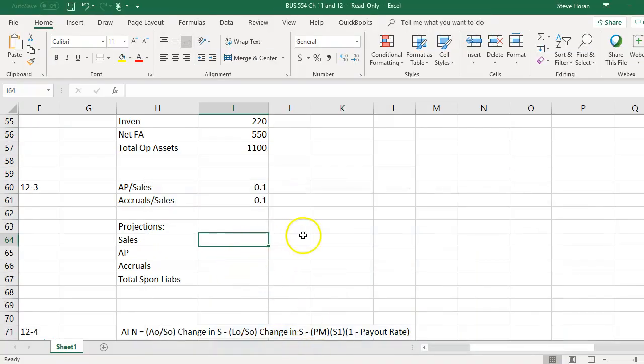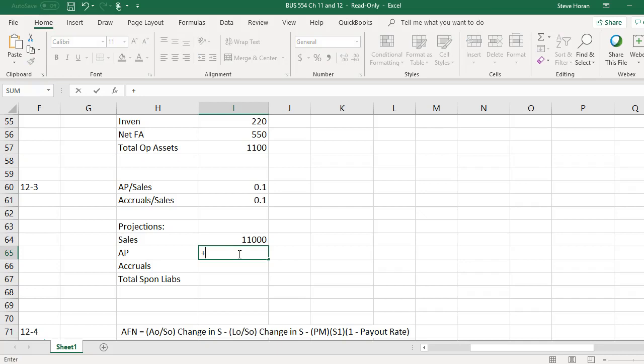So I just build a projection, nothing too major here. I just go 1 plus 0.1 is my growth, and I multiply that by the $10,000 current sales amount, and that gives me my growth number of 11,000. So 10,000 times 1.1 is 11,000.